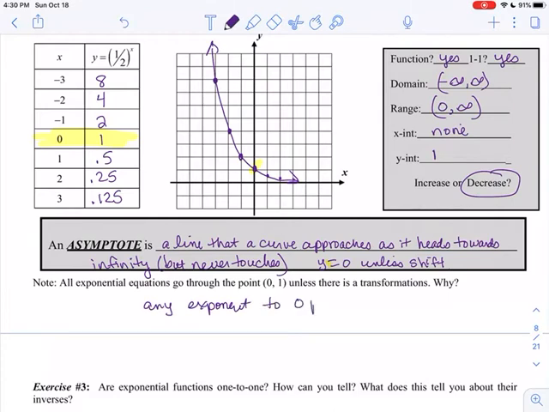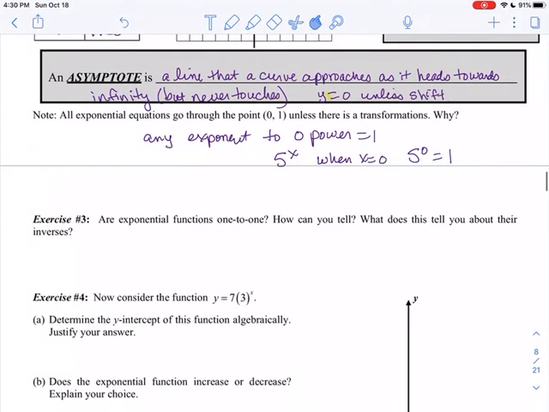And the reason is any exponent to the 0 power equals 1. So like say I have 5 to the x. When x equals 0, 5 to the 0 equals 1. All right, so unless there's going to be any kind of shift, that is always going to be the case as well.